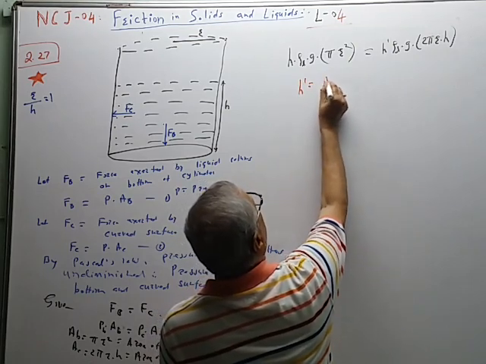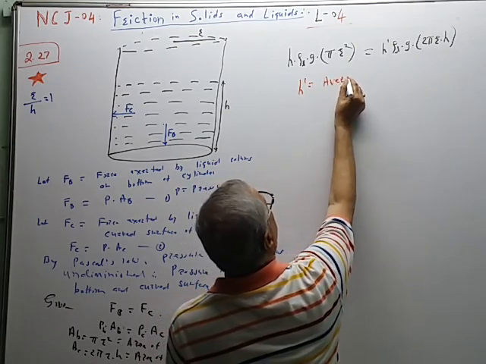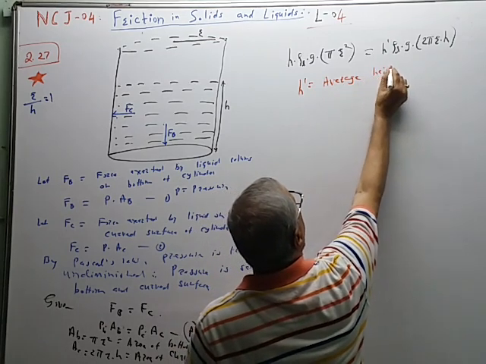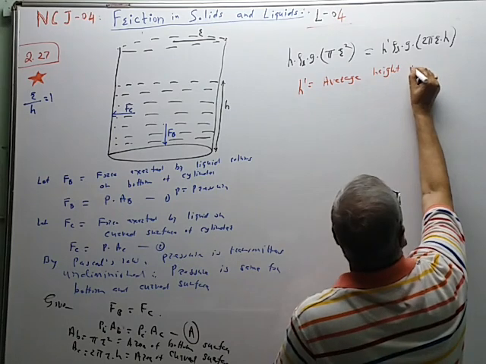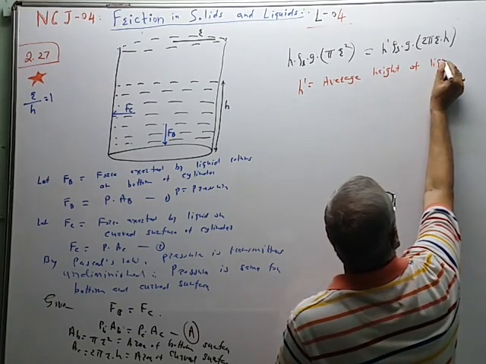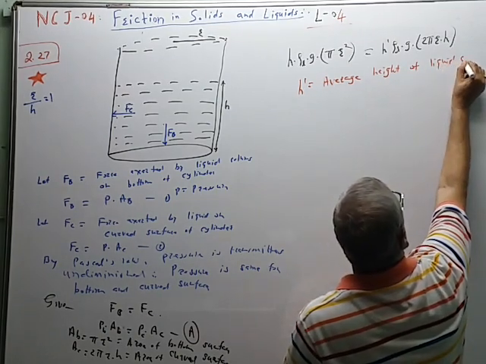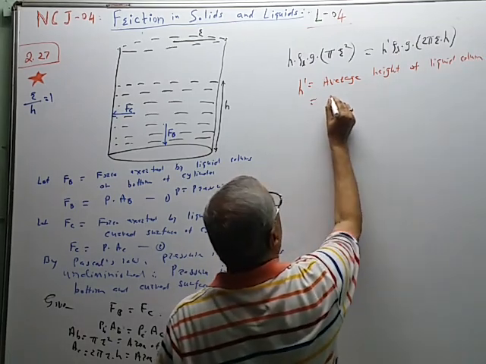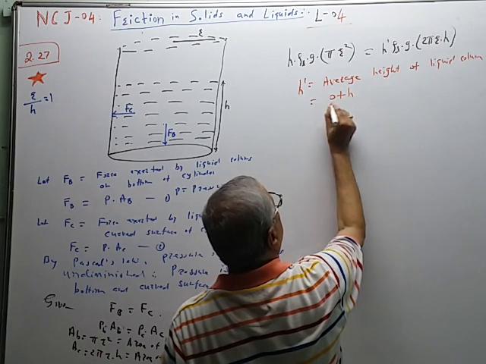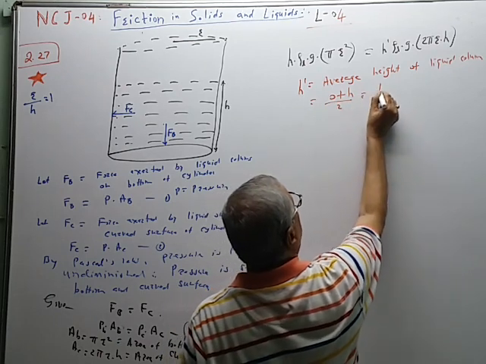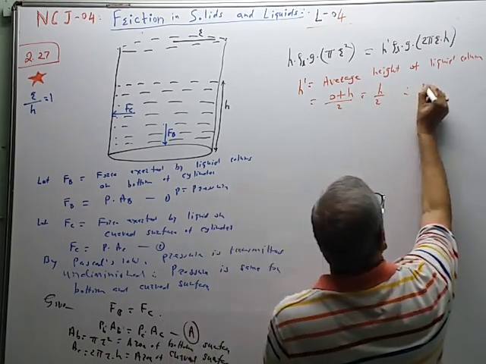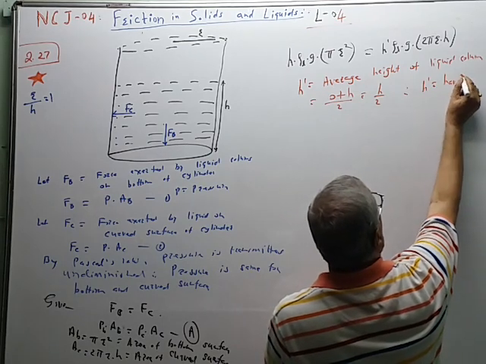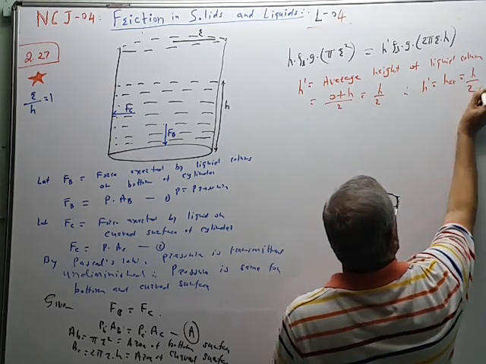H dash is equal to average height of liquid column, that is equal to 0 plus h by 2, so that is equal to h by 2. Therefore H dash is equal to H average is equal to h by 2.